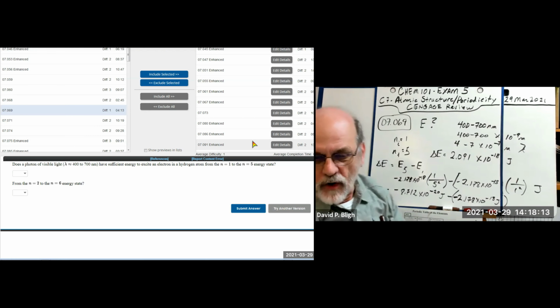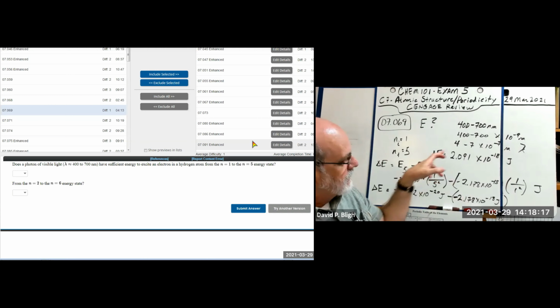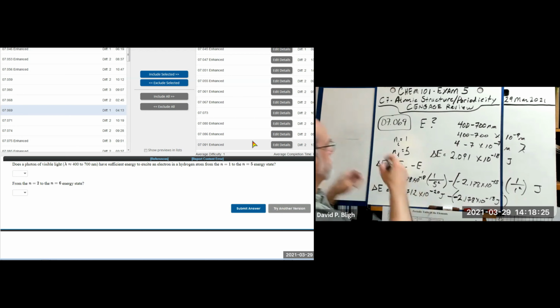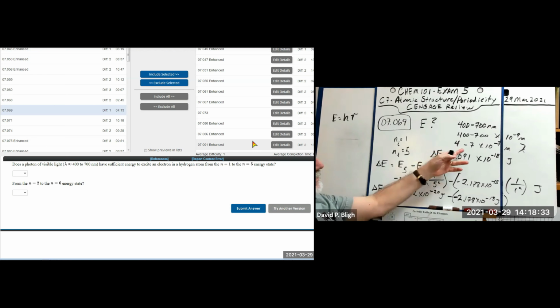Okay, so now how do we figure out what the relationship is between that and the wavelength? Well, we need another formula, right? Remember, energy equals Planck's constant times frequency. Well, we don't have frequency here.